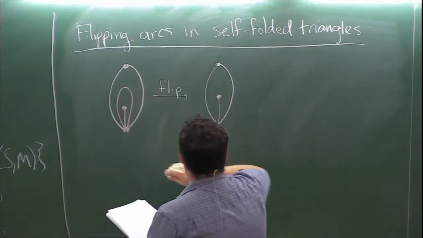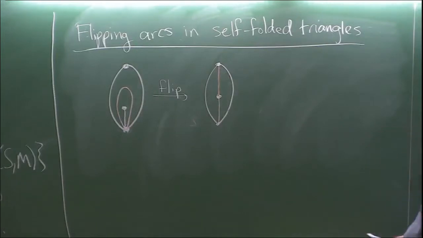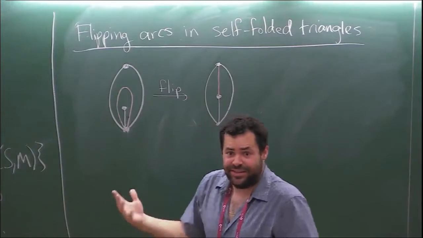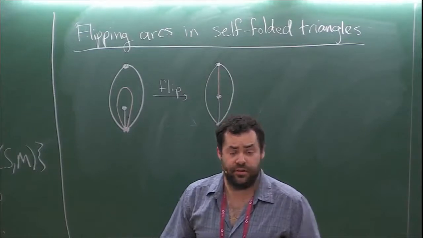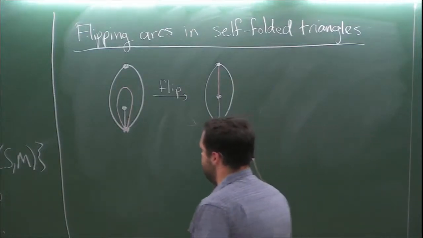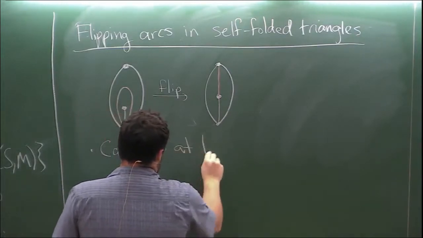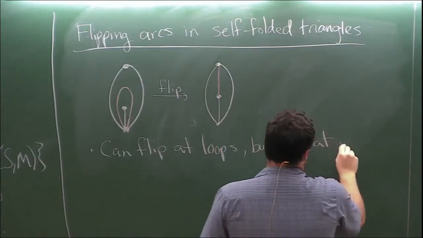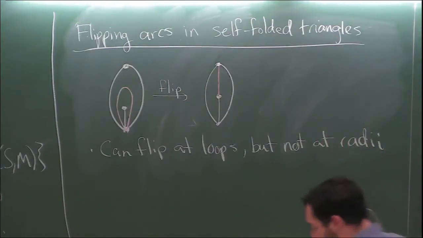And now we replace this with this arc. Okay? But if we try to flip this radius, there's nothing that we can replace this with. Okay? So we can't flip at the radius of a self-folded triangle. So we can flip at loops, but not at radii.